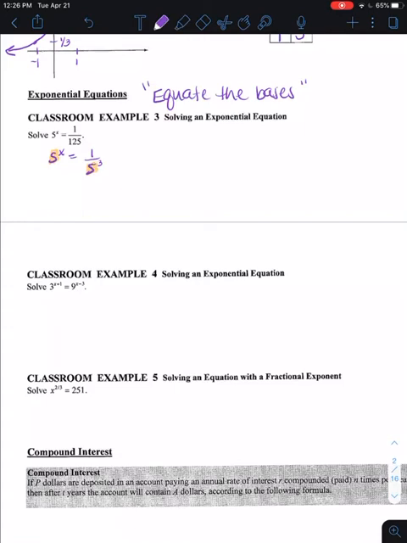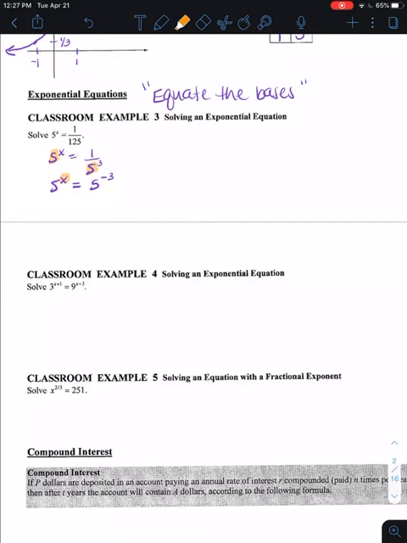You don't want a fraction on the side. You want both sides to look identical. So you want to write this as 5 to the x equals, to get rid of that fraction, I'm going to make it 5 to the -3rd power. On the left side, I have 5 to the x power.